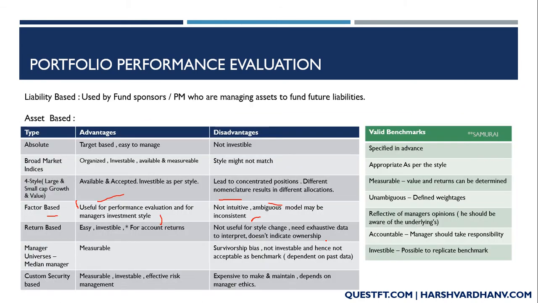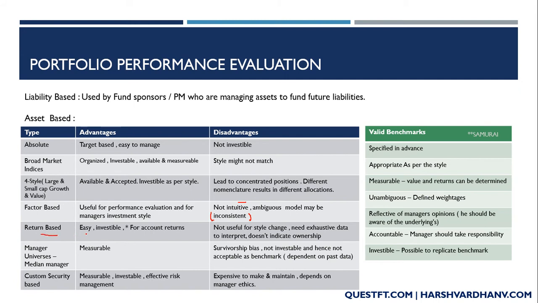Anything based on a mathematical model needs to be model validated, using hundreds and thousands of out of sample data. So that's the reason it is not intuitive, and the model may become inconsistent after certain iterations or after out of sample data is tested.